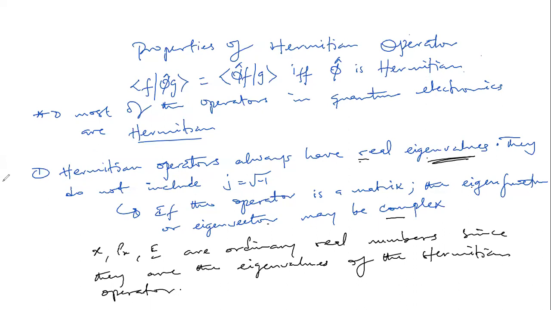Now, another property is that the eigenfunctions may be chosen so that they are normalized or mutually orthogonal. And when we say two values or parameters or functions are orthogonal, it means that the inner product of those two parameters is the same as 0, which is the same as the dot product, okay?